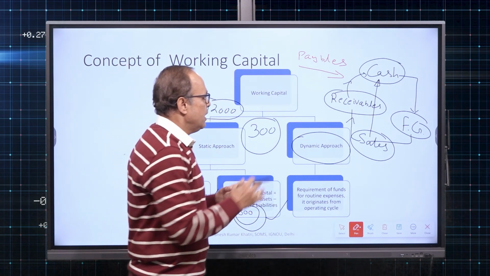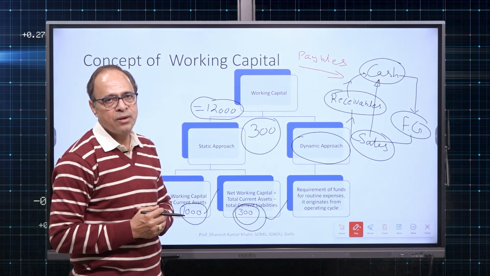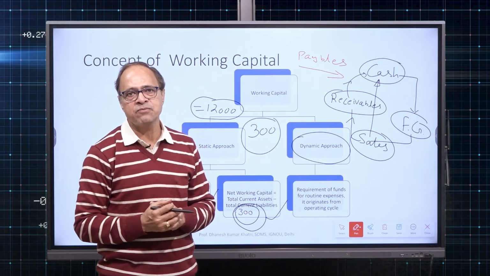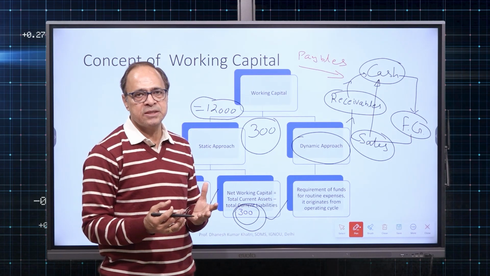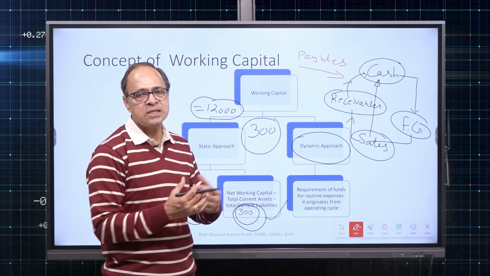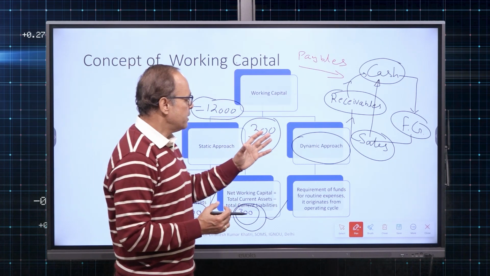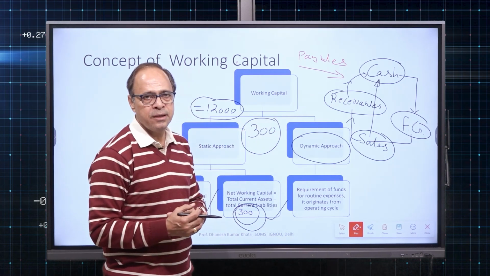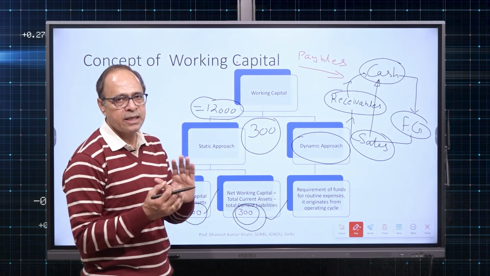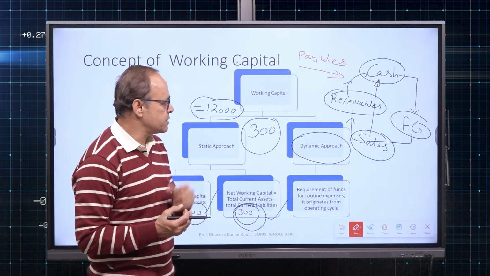If in this particular operating cycle 1000 crore is involved, but 800 crore is financed from payables, outstanding expenses, trade payables and something like that, how much of the own funds are blocked into this working capital? 200. But yes, the dynamic viewpoint is more near the reality, because this viewpoint assumes two levels of working capital. I will explain that also. So, this is the operating cycle of a trading business.